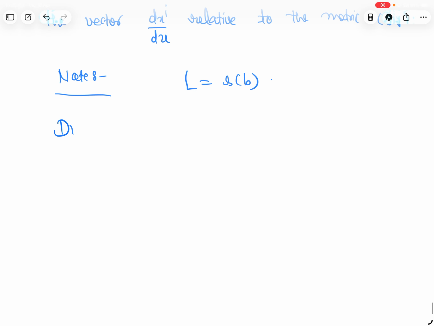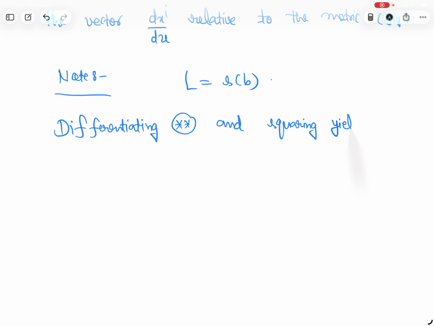Differentiating double star and squaring yields the equivalent formula.